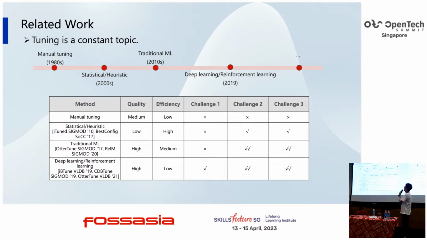In the 2010s, traditional machine learning methods were also widely used. Recently, deep learning and reinforcement learning methods are also widely used. The following table gives the performance of all the methods under several dimensions, such as quality, efficiency, and how they deal with the three challenges. As we can see, there is no single kind of method that performs best under all the dimensions.